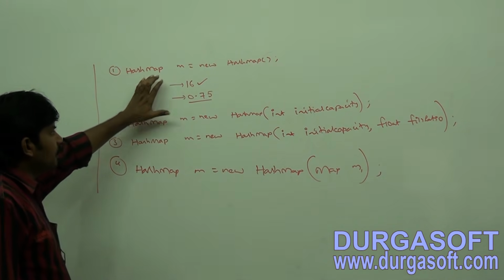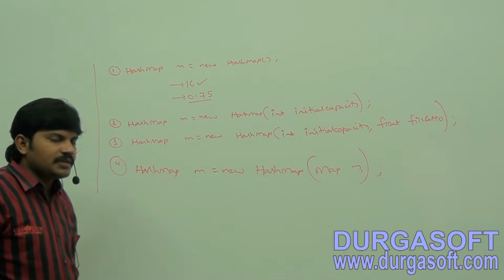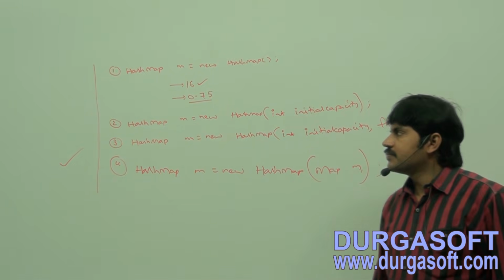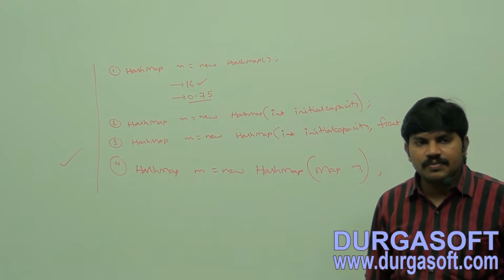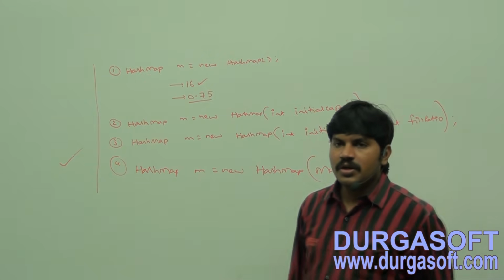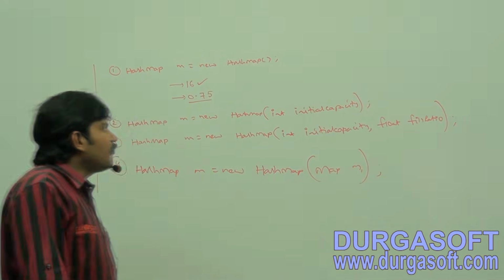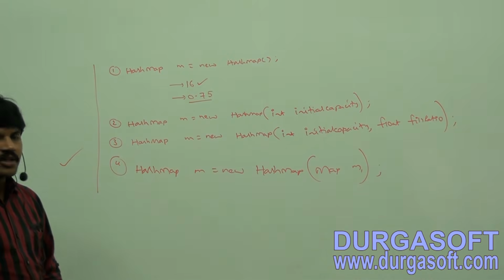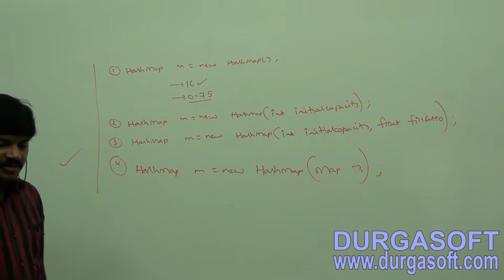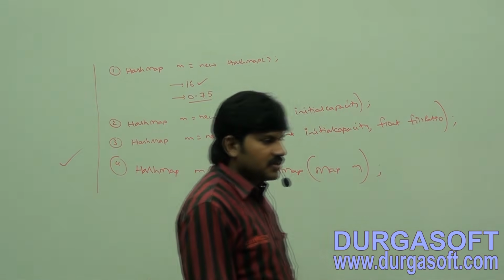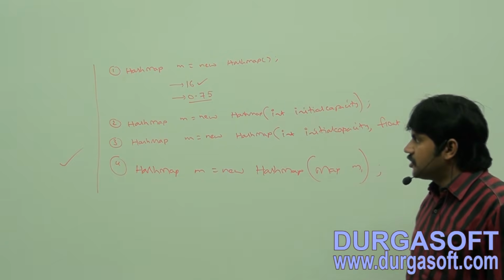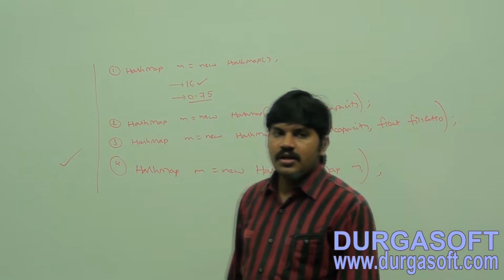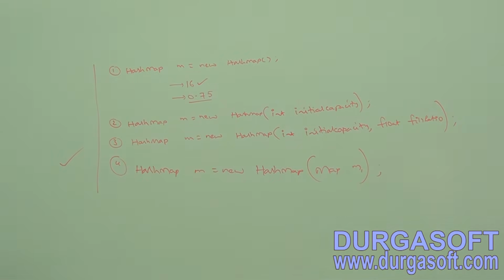In the theory, new hash map creates an empty hash map object with the default initial capacity 16 and the default fill ratio 0.75.